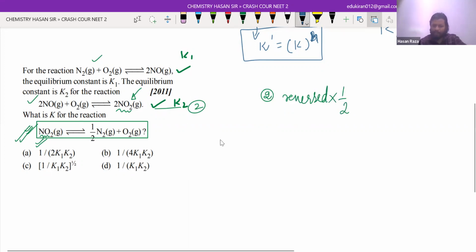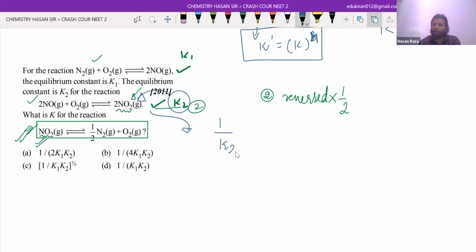What I want to say is very simple. K2 is the equilibrium constant of this reaction, and if you reverse it, it will be 1 upon K2. You can see 2 moles of NO2 was there, but here it is only 1 mole of NO2. That means it has been multiplied by half, and that half will come in power.